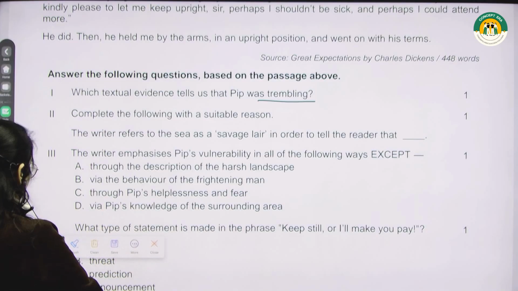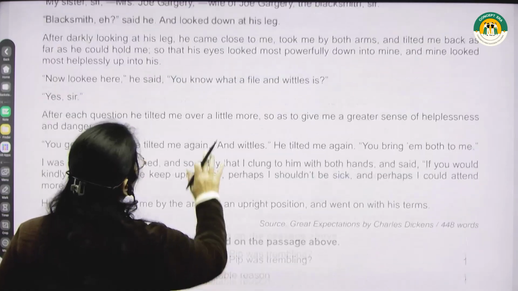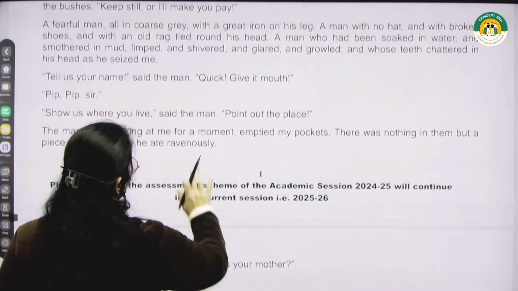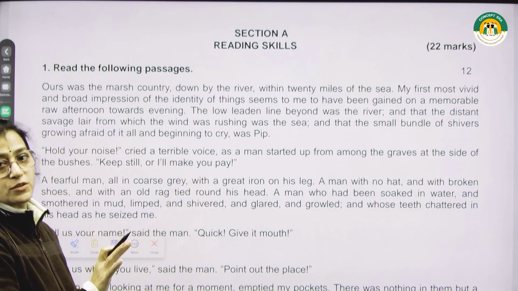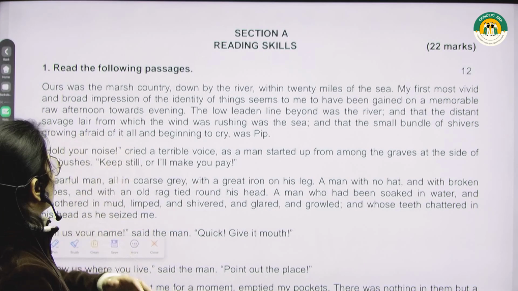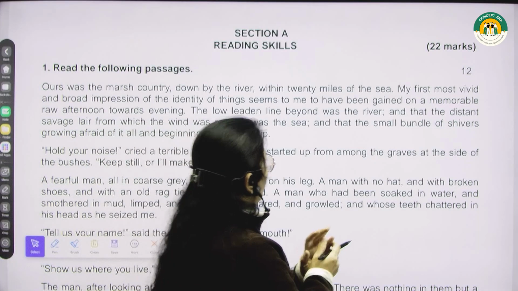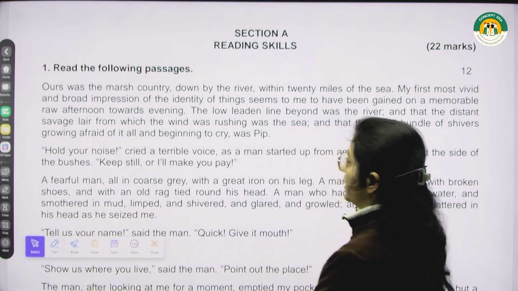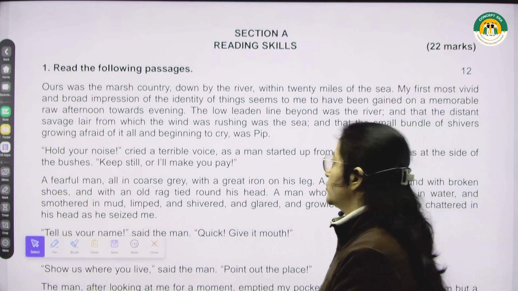So let's move to the next part. We are moving towards the unseen passage. I'm just showing you one answer, how to solve it and where you could find the first answer in your unseen passage. Ours was the marsh country down by the river, within 20 miles of the sea. My first most vivid and broad impression of the identity of things seems to me to have been gained on a memorable raw afternoon towards evening.